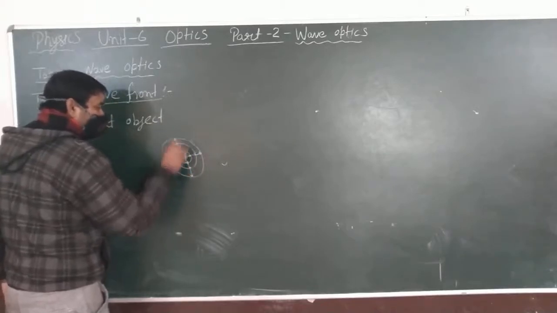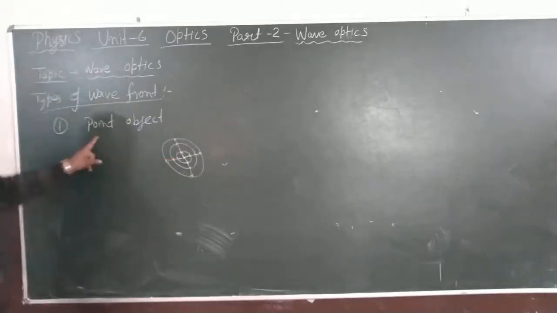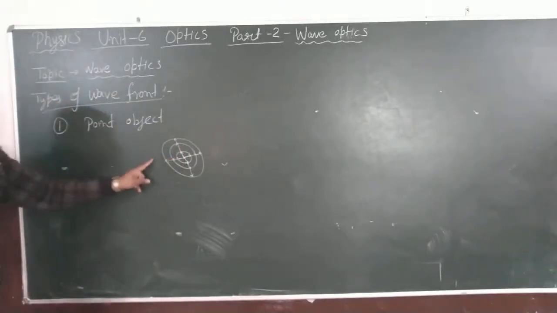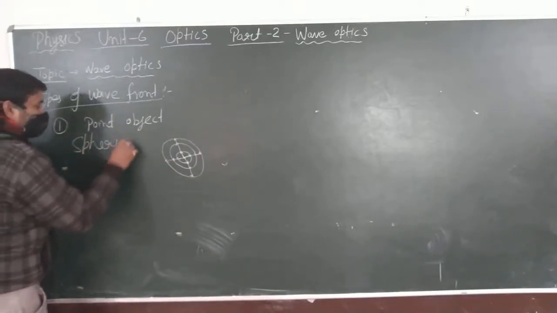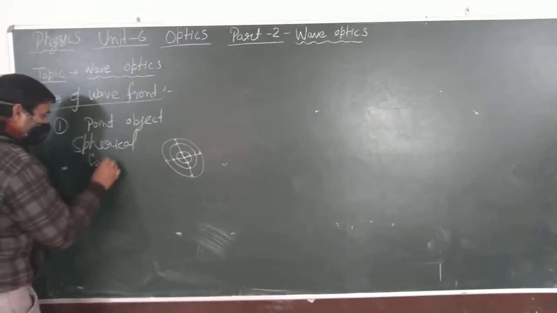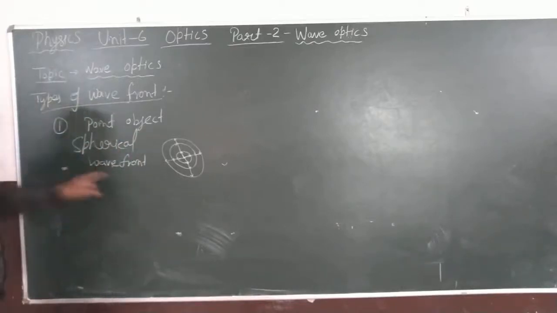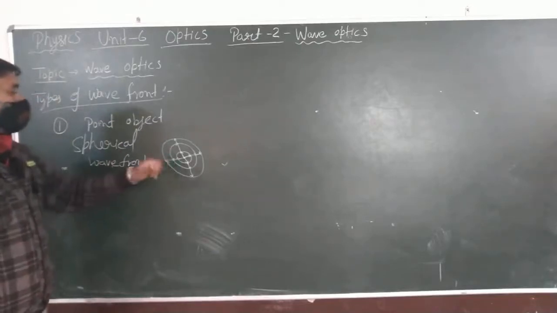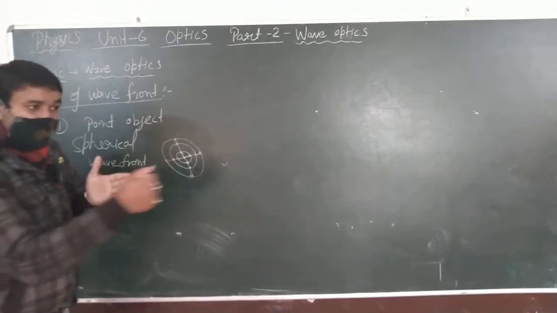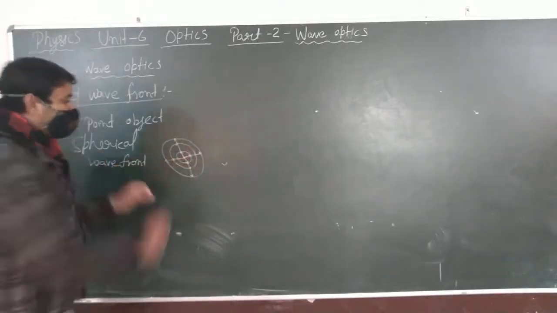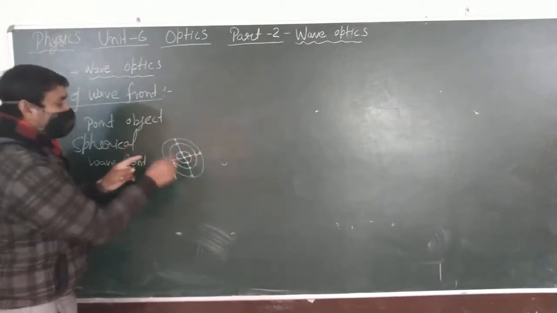So this is the first kind of wavefront, called the spherical wavefront. These are produced from a point source, and as the light travels forward, we observe larger spheres with the same center.